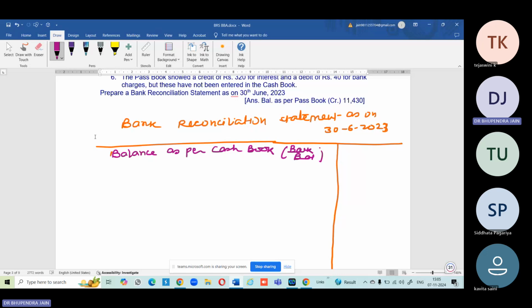In case of a double column cash book, the first column is cash and the second column is bank. So we have just picked the balance. Which balance? The bank balance present in the cash book. How much balance is given? That balance is 8250.